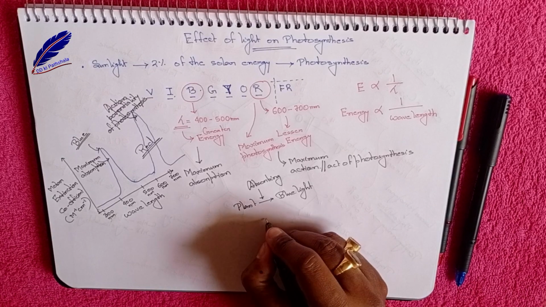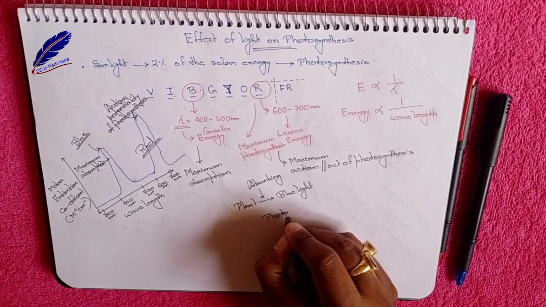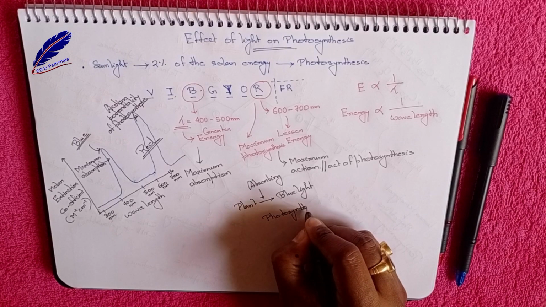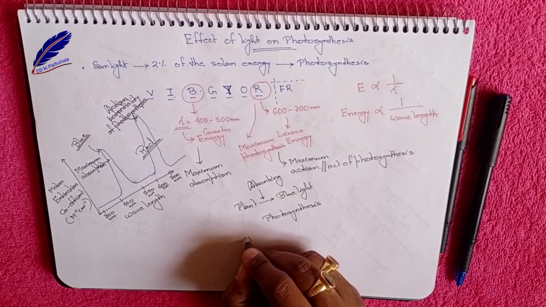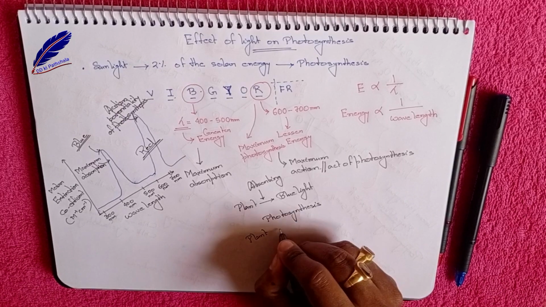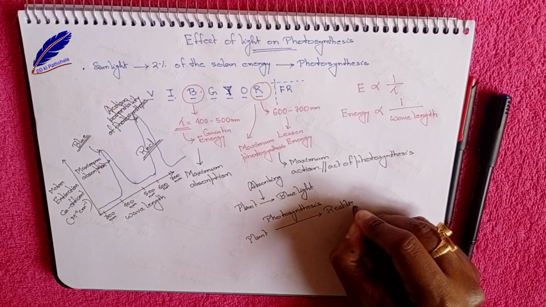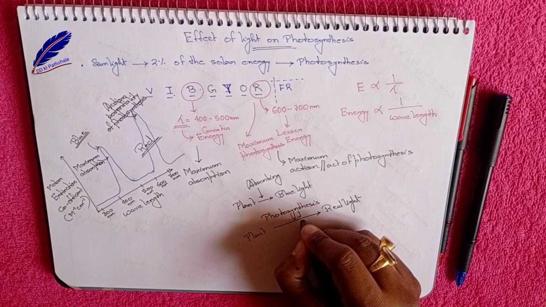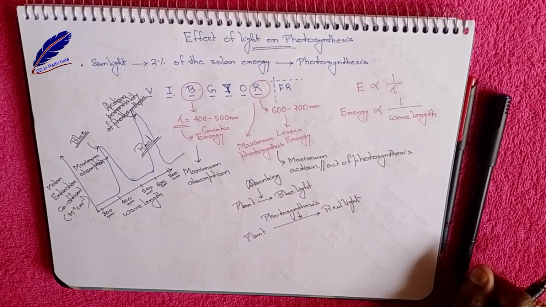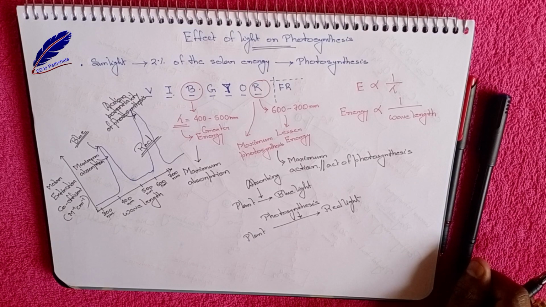But while performing photosynthesis, plants use red light. So how is it possible? The plant is not absorbing red light, but the plant is performing photosynthesis on red light. The plant is absorbing blue light, but the plant is not performing photosynthesis on blue light.